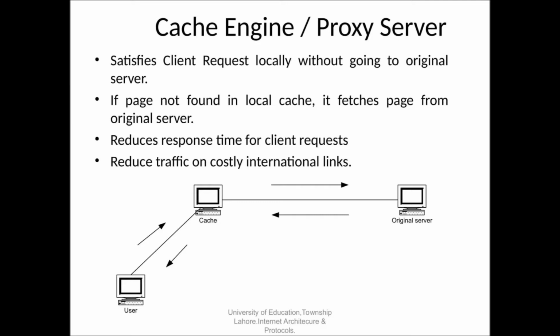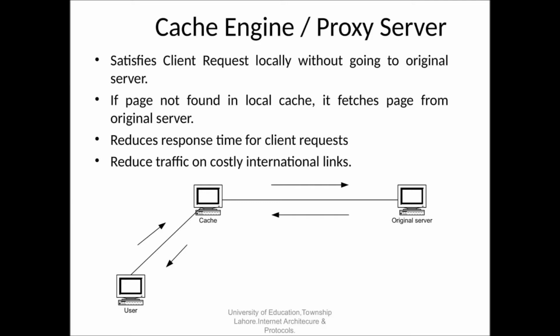Level 1 cache is part of the central processing unit, and level 2 and level 3 caches are external. Whenever we browse a website, some portion of that website is saved locally on the system, in cache. If the page is not found in local cache, it fetches the page from the original server.